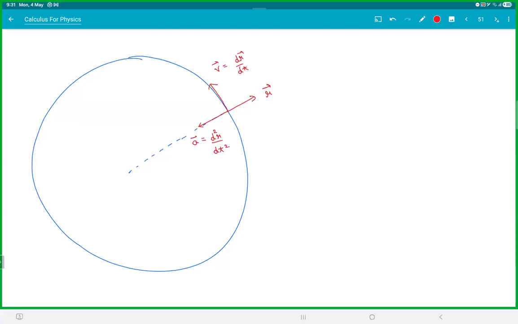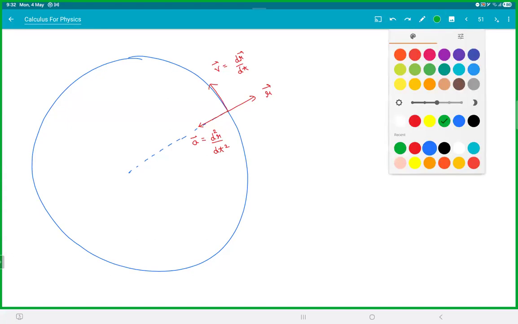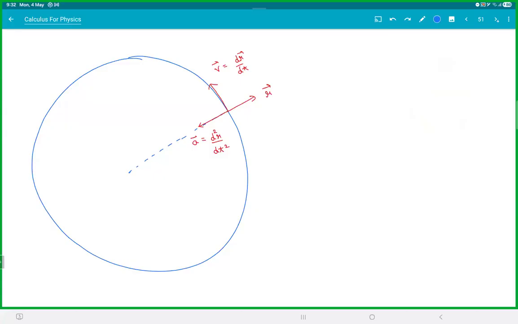So if you notice, every time I differentiate, the vector is rotating 90 degrees clockwise. Did you observe? First time I differentiated, r became v bar, it rotated 90. I differentiated again, it rotated 90. So I'm getting a feeling that if I differentiate again, I should get maybe a vector like this. So the differential of a vector is also rotating 90 degrees every time. So we can prove that also. That is something to think about.